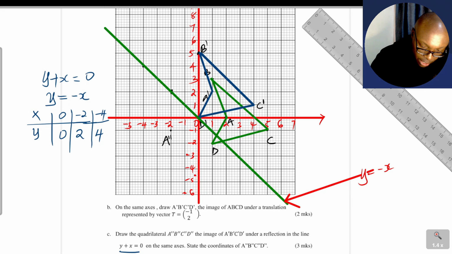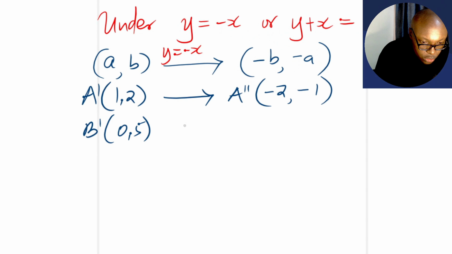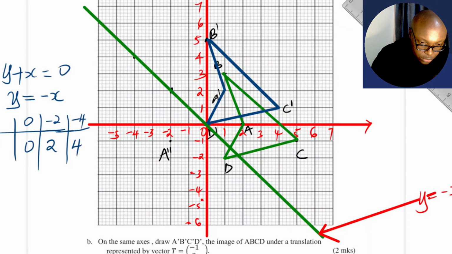We get the reflection of point B1. B1 is (0, 5). Under this reflection, it will be B2. The points are reversed, and they also change their signs, so we have (-5, 0). We plot that: (-5, 0) will be there. That is B2, and this is B1.